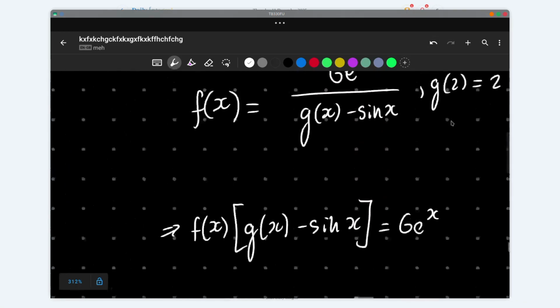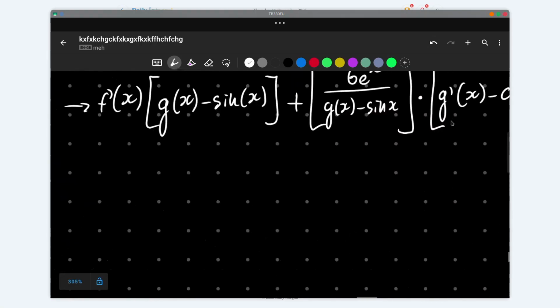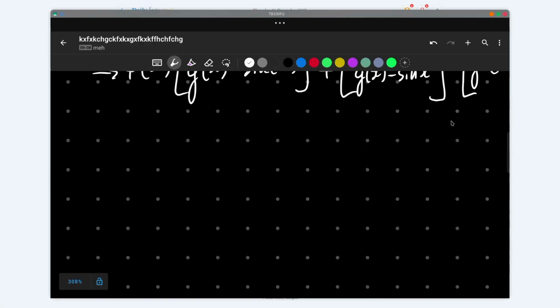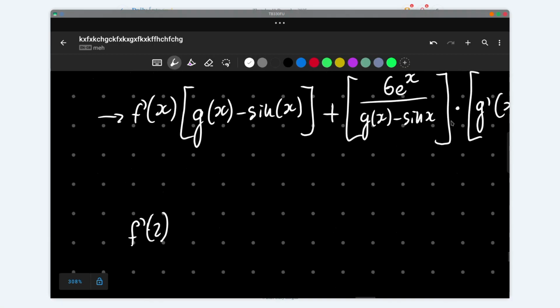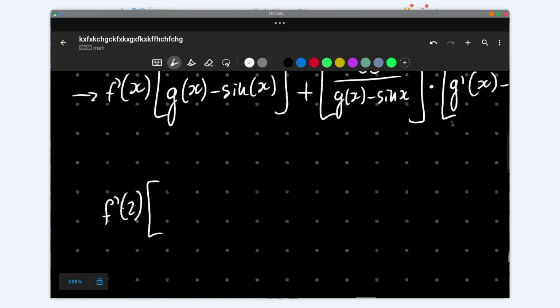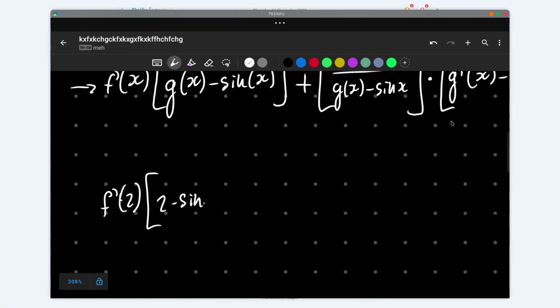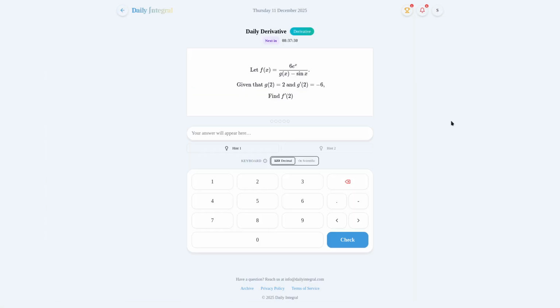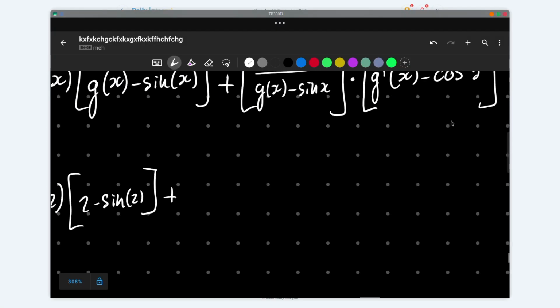Because of differentiation, then they want us to plug in to get f prime of 2. So f prime of 2, g of 2 is just 2, right? So you get 2 minus sine of 2 plus, I would have to round that, which is, they've done that on purpose, okay?